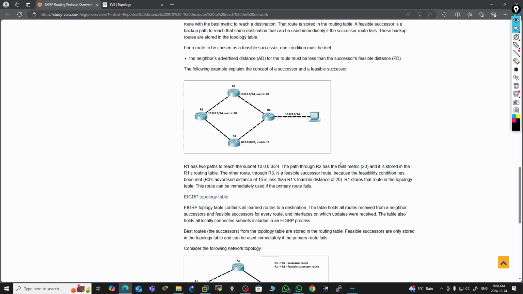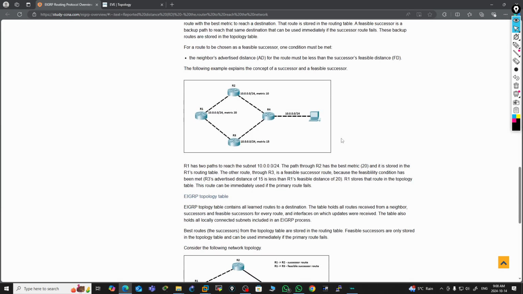We do actually have something here, but that's on the link that I'm going to share in the video description, where you could see how the feasible successor routes and the successor routes work together. In this diagram, the traffic goes from R1 to R2 to R4 instead of R1 to R3 to R4.